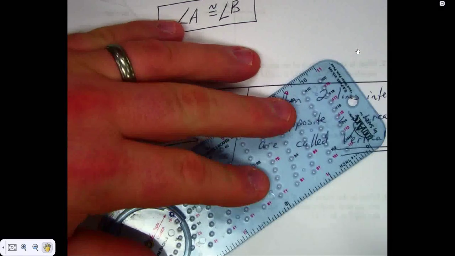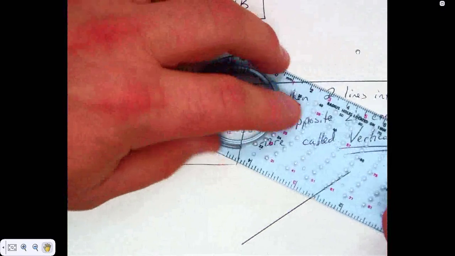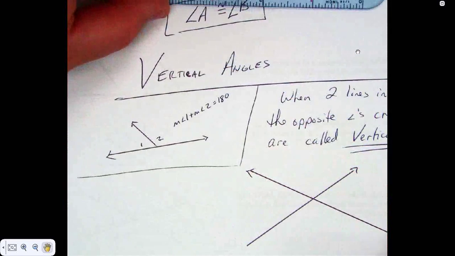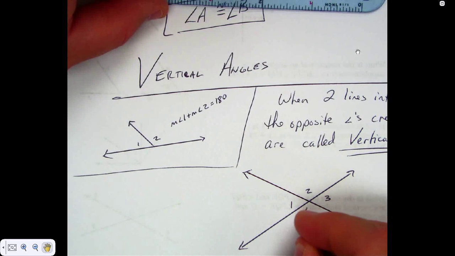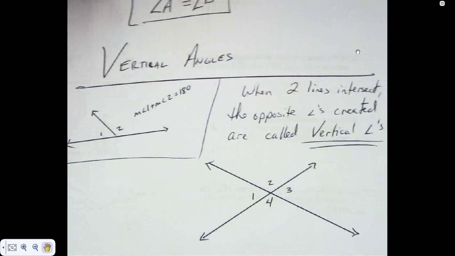So if I have two lines, is that two lines intersected?